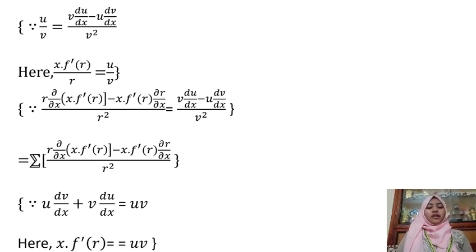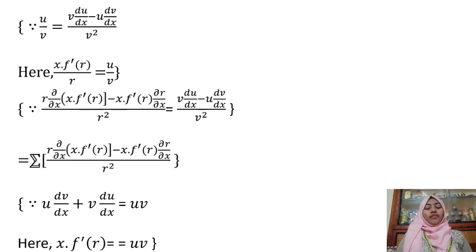Here v is r, so we get r into dou by dou x of x into f dash of r, minus u, which is x into f dash of r, into dou v by dou x, which is dou r by dou x, all over v square. We have taken r as v, so v square equals r square. So we have applied this formula in our problem. Next, r into dou by dou x of x into f dash of r. In this term, we have x into f dash of r, so here we get the product property of uv.